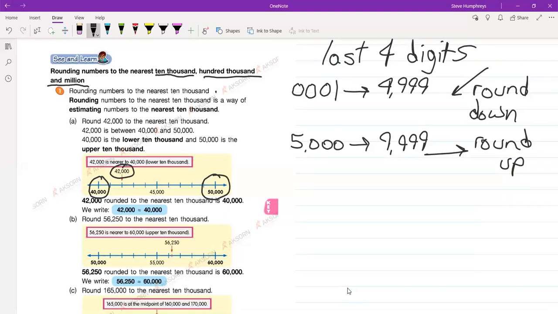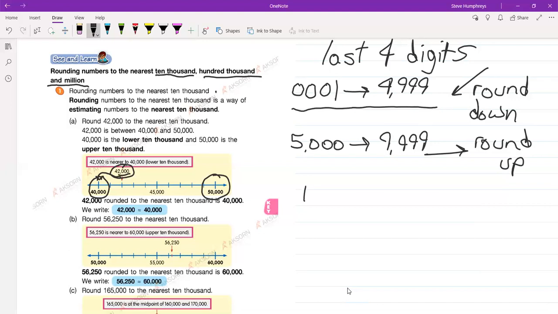The number they give is 42,000. It's for last 4 digits. 2,000. Last 4 digits will be in that range. 2,000 is between 1 and 4,999. So we round down to the lower 10,000. Okay?